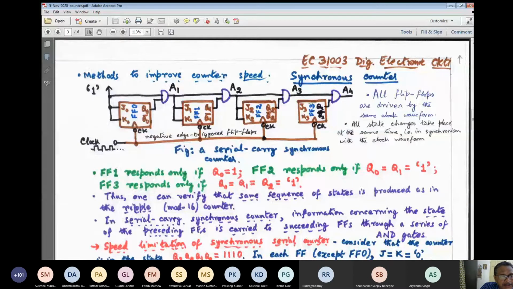Assume they are negative edge triggered flip-flops. If at any point of time all the JK pairs are at logic 1, then when the clock makes a 1 to 0 transition, at the same point of time Q0, Q1, Q2, Q3 will change.